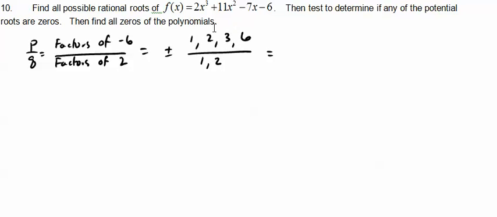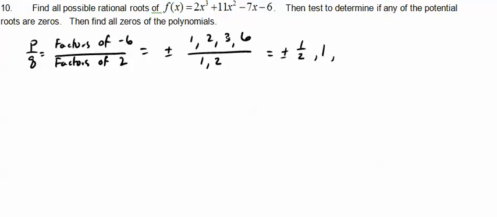So I could have all the numerator divided by 1, and then all the numerator divided by 2. I'm going to do this and try to put them in order. So 1 over 2 would be my smallest, and then 1 over 1 is 1, or 2 over 2 is also 1.